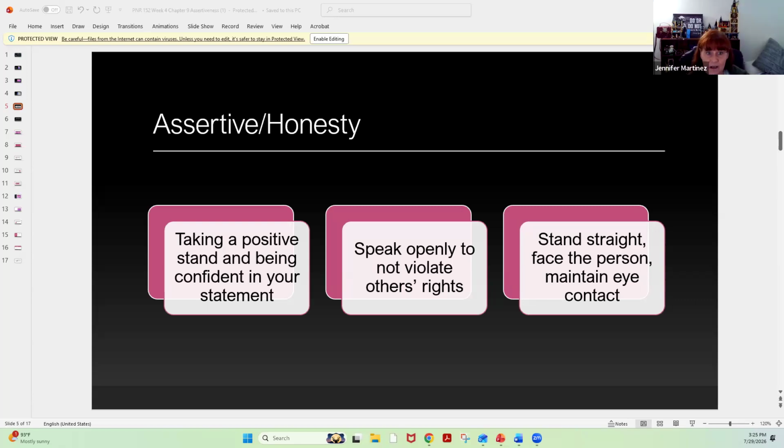It's not confrontational, but it's calling the doctor and saying, hey, I don't think that this order is correct. Can we discuss it? It's a client that's giving you a hard time, and letting him know, hey, I understand you're frustrated, but let's sit down and figure out what we can do to make this better.